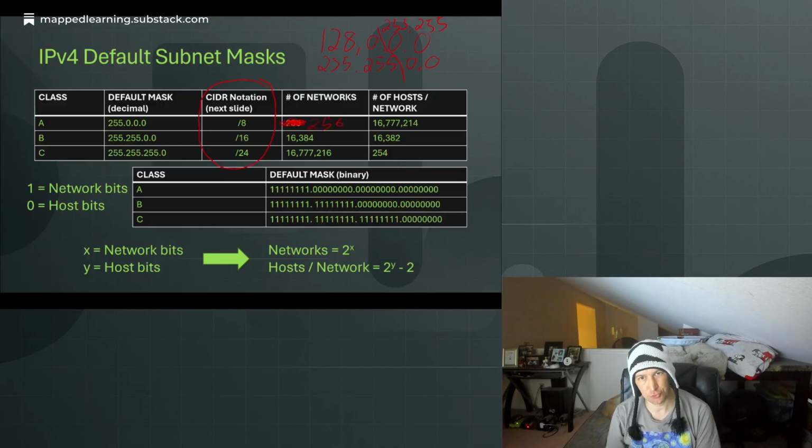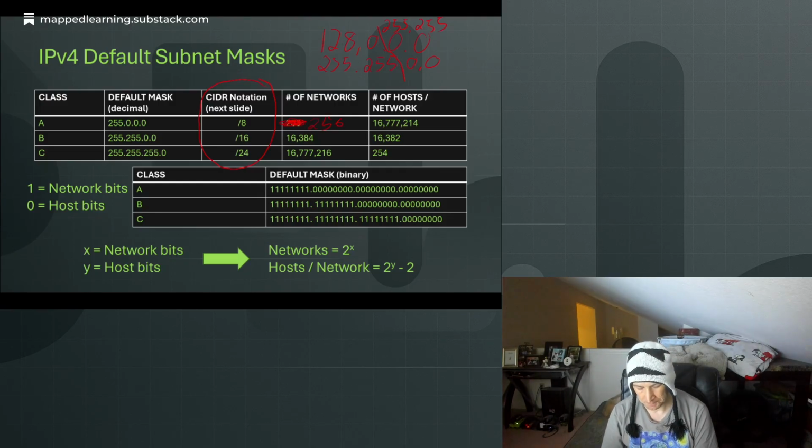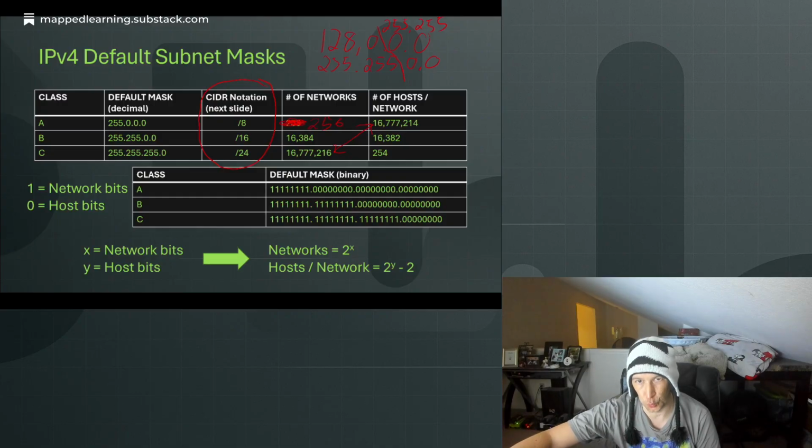If we look at a Class B address, we have 16 bits for the network and 16 bits for the host. And you can see right here, 2 to the power of 16 is 16,384. If we subtract 2, then it's 16,382. Likewise, with Class C, we see here the difference between 2 to the power of 24 and 2 to the power of 24 minus 2.